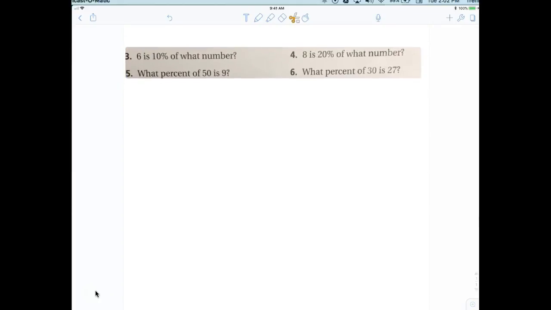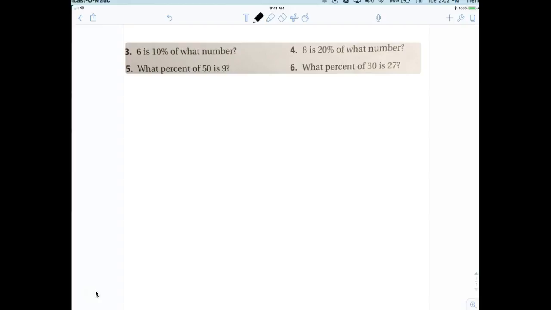Okay, so we're looking at question number 3. Again, we're setting it up. Just so you can see it, n over 100 is over of.